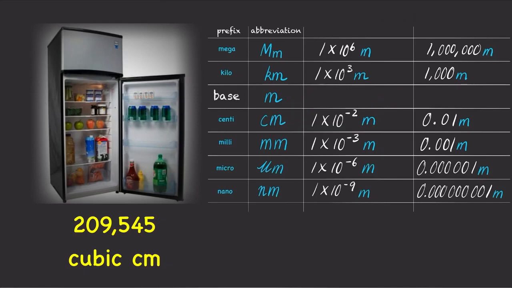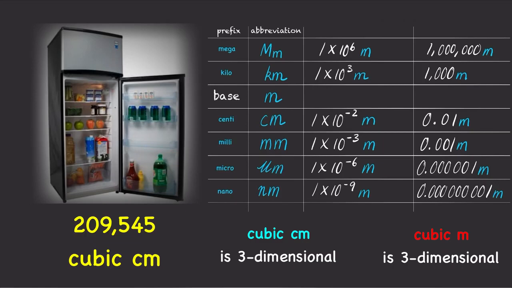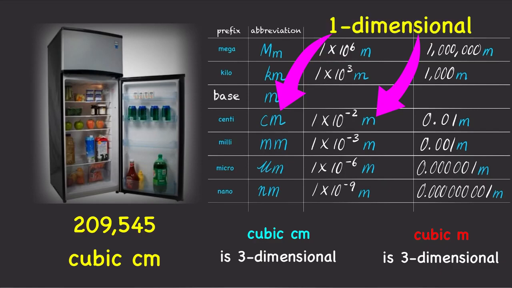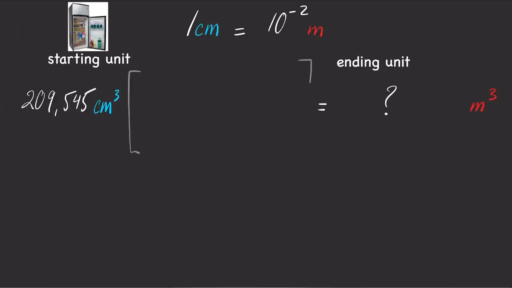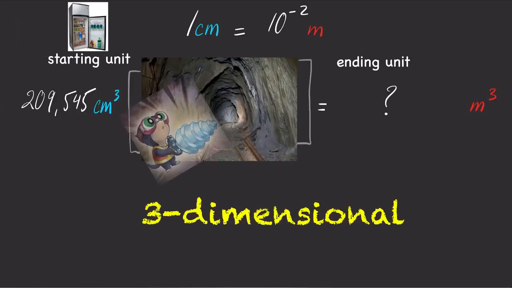Also note that our starting unit is cubic centimeters, and our ending unit is cubic meters. But 1 centimeter equals 10 to the negative second meters relates two different metric units of length for one-dimensional measurements. How can we build a math tunnel to take us from cubic centimeters to cubic meters, where the measures of volumes are three-dimensional measurements?